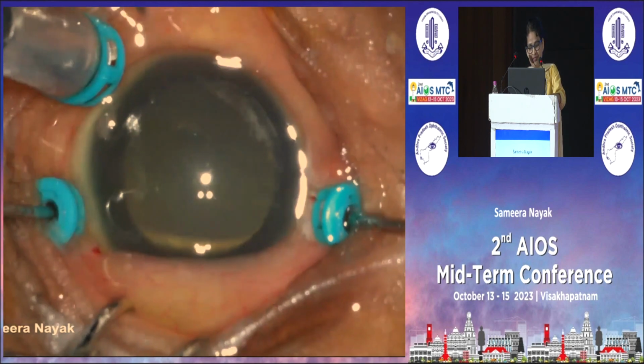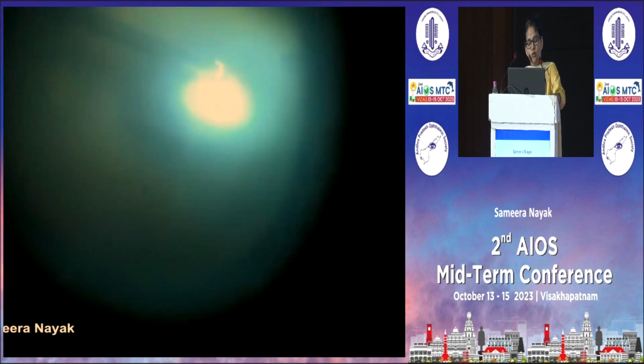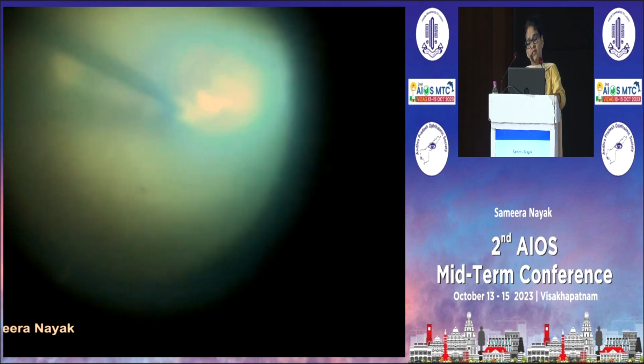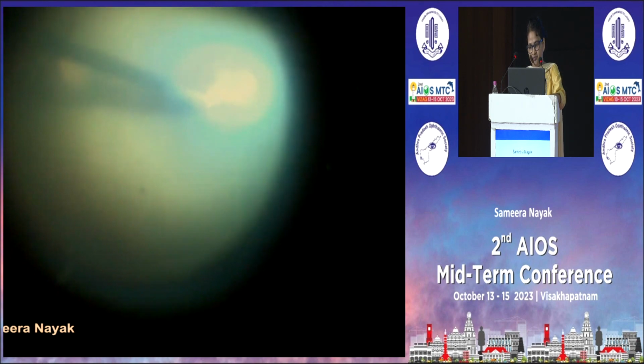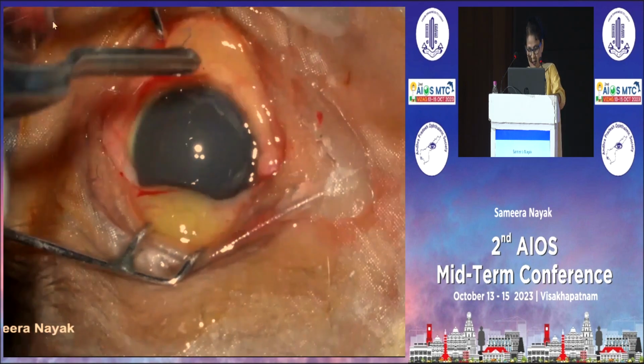For the left eye, we did a minimal pars plana vitrectomy and a localized PVD surrounding the exudate sitting on the macula, and the entire exudate came out nicely. And then we closed the ports with sutures.